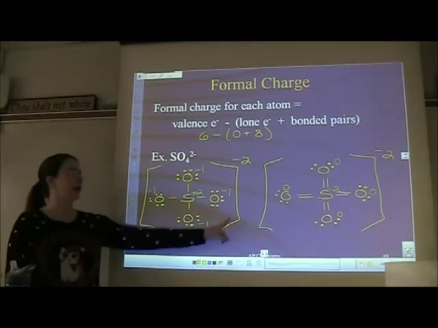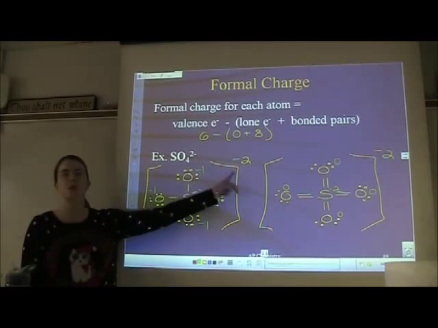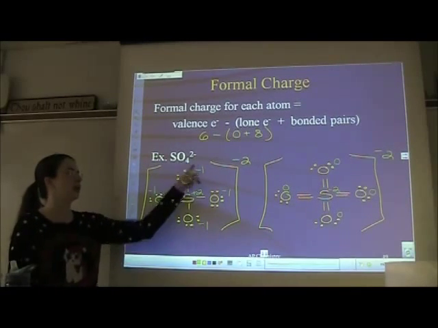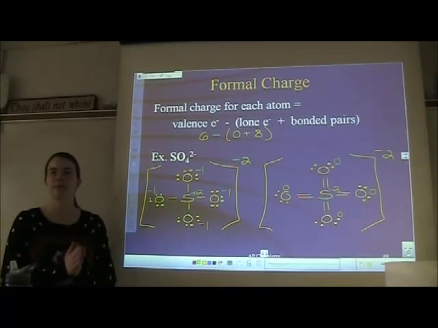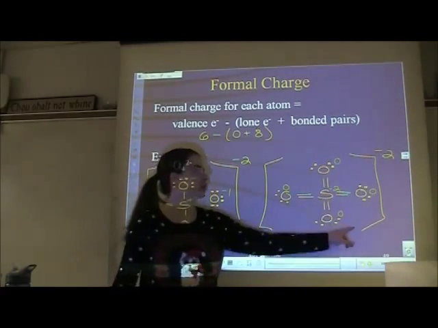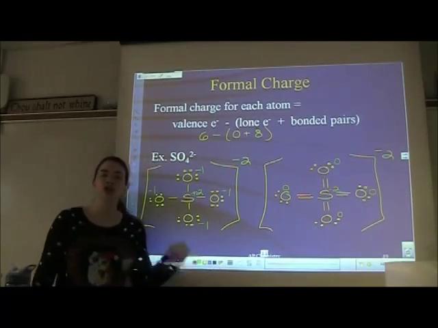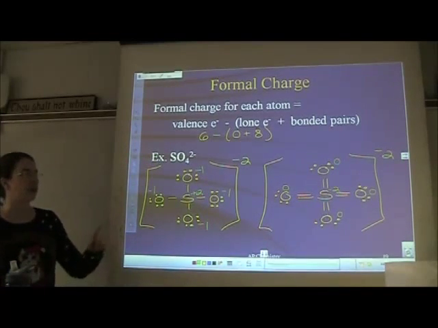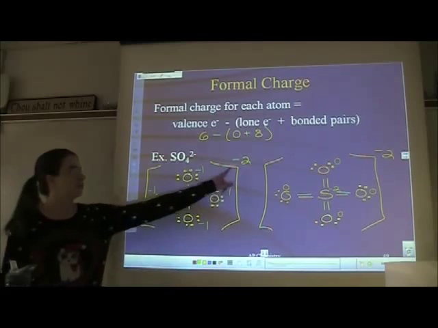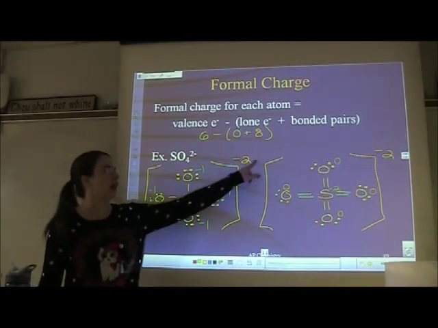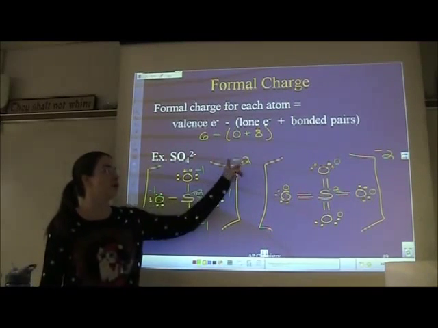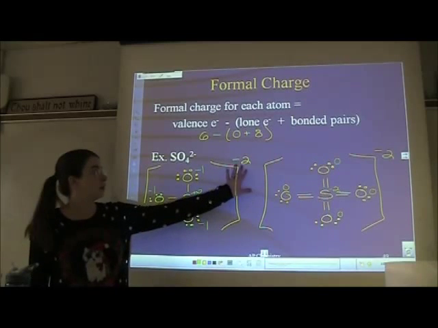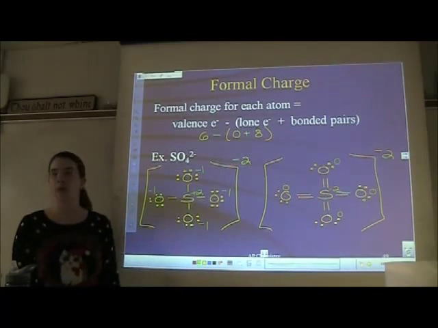All right. First things first. Within this set of brackets right here, please, if you would, add up all the green numbers together and tell me what you get. -2. Okay? Add these green numbers up. What do you get? You should get -2 for both of them. You should always get the overall charge, if there is one, when you sum all of the formal charges.